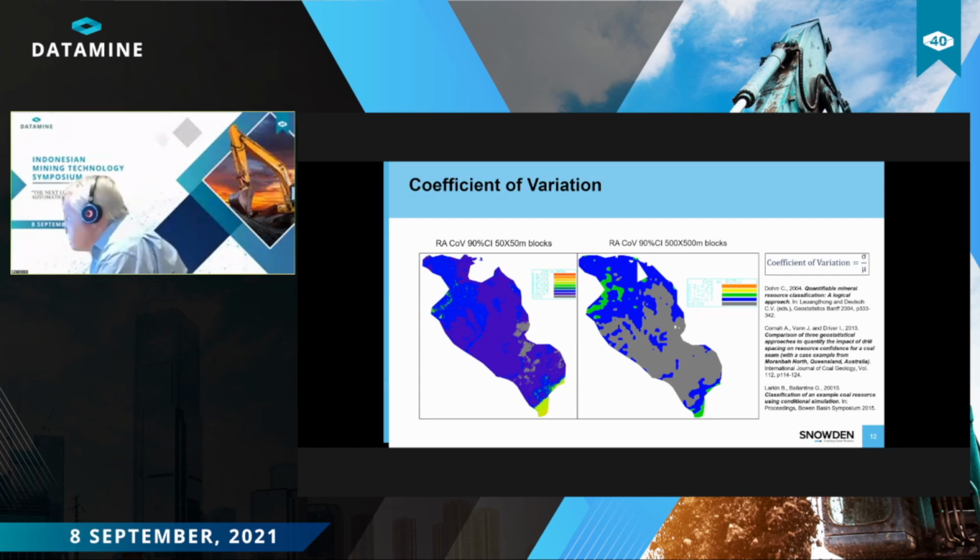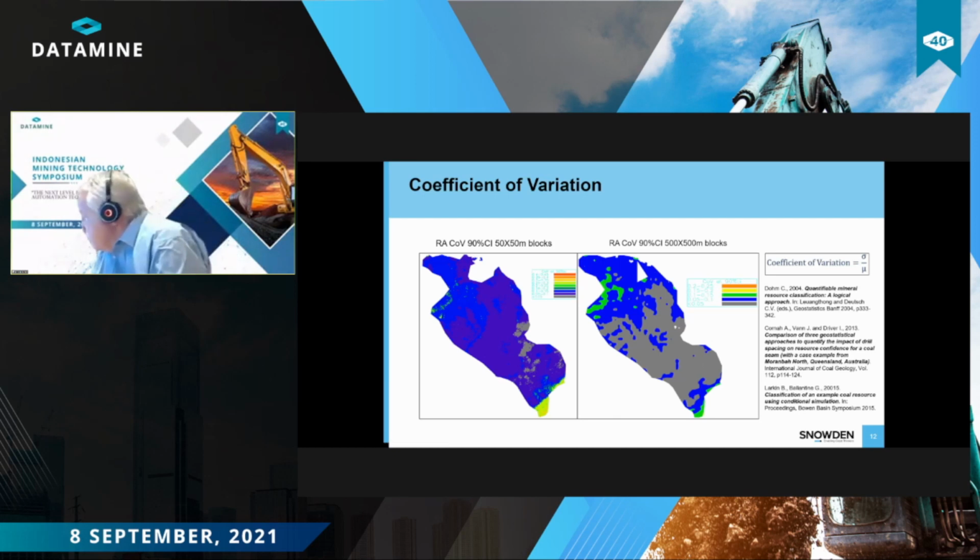In all cases, the coefficient of variation is very low compared to other mineral deposits. But at a 50 by 50 meter block scale, we can see that for less than 0.05 coefficient of variation, these grayish areas here are illustrated for 50 by 50 meter blocks.